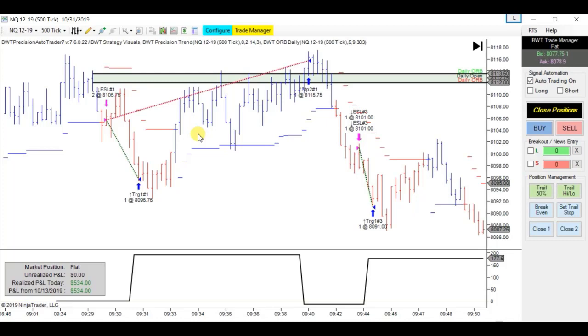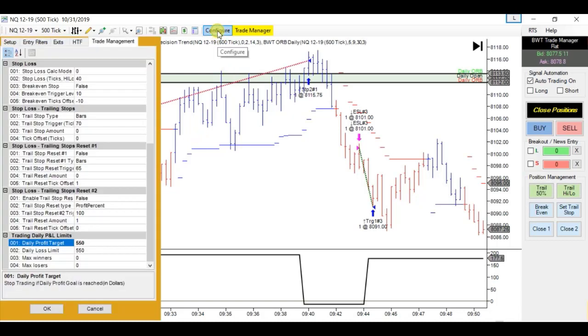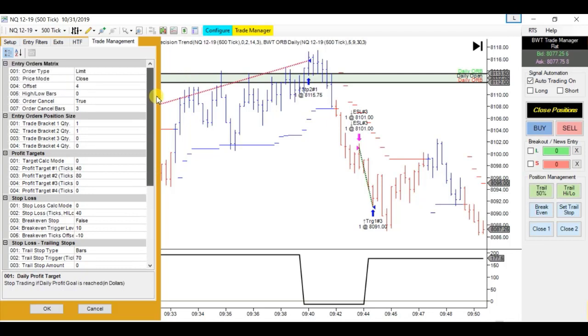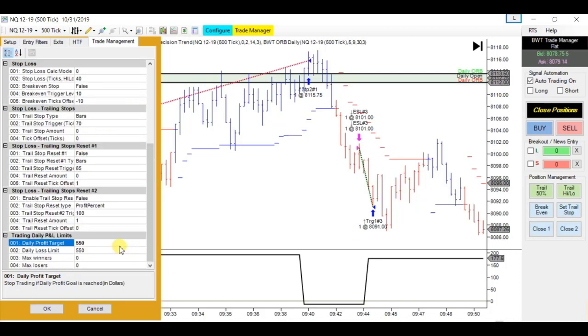Now, I did mess with it a bit, and I'm going to tell you in a few minutes why. His template had 1 contract, and I raised it to 2 contracts. I reduced the stop from 75 ticks to 40 ticks, and I reduced the target from 750 to 550.